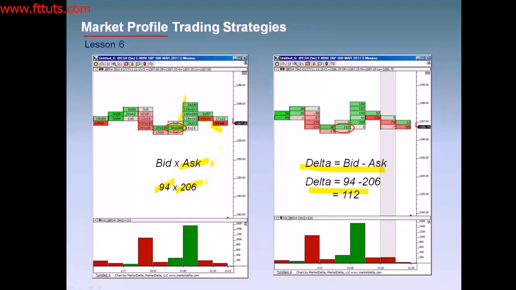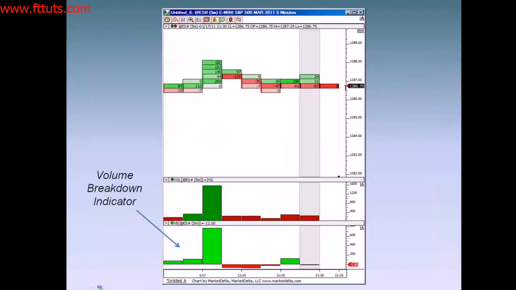So you begin to see the power of the data that the footprint can provide to us, and how this can be tremendously helpful in our analysis. It is not about either or, it's really about using the power of both together, the profile along with the delta, or the footprint charts.